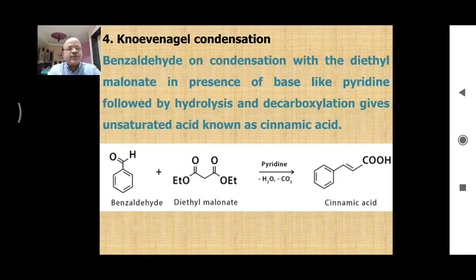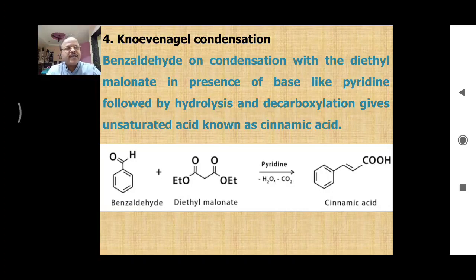Other compounds which consist of an active methylene group or acidic hydrogens undergo condensation with benzaldehyde, and that results in the formation of an unsaturated acid. So here we can use diethyl malonate, then acetoacetic ester, or any active hydrogen containing compound. So this is the Knoevenagel condensation.